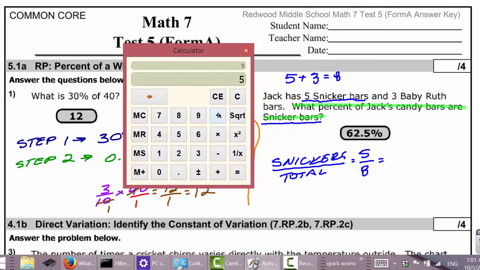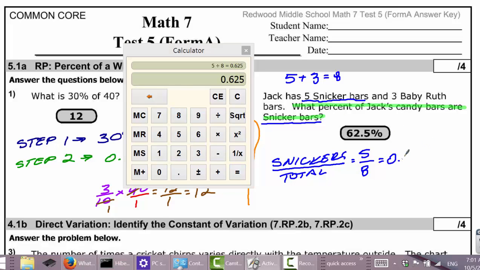When you divide 5 by 8, you get 0.625. And we talked last year, and we talked this year also, about the fact that when you want to make that into a percent, you move the decimal point 2 places to the right, place in a decimal point, give it a percent sign, and that's where we get our 62.5%.